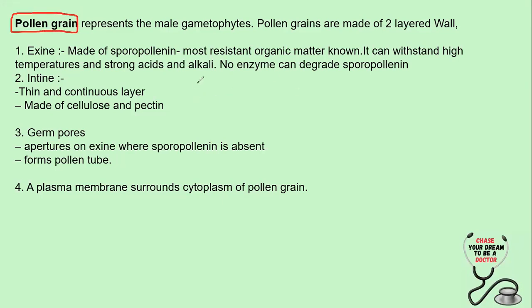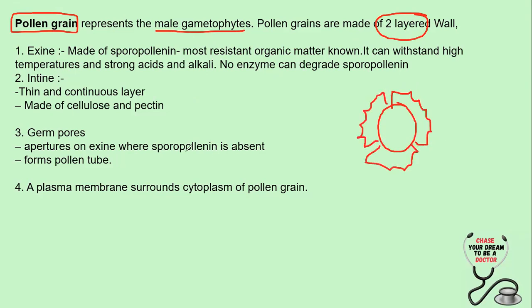When you come to the structure of a pollen grain, you'll find that the pollen grain represents the male gametophyte, and it is made up of a two-layered wall. Suppose this is the pollen grain; the outermost structure is an irregularly shaped layer, which you will call the exine. This exine layer is made up of a very complex and important material, sporopollenin, which is the most resistant organic matter known.